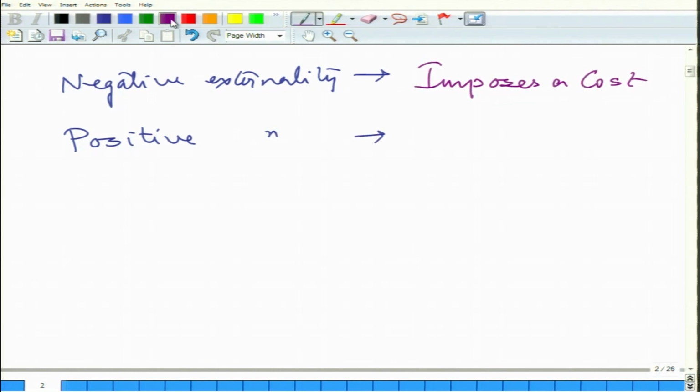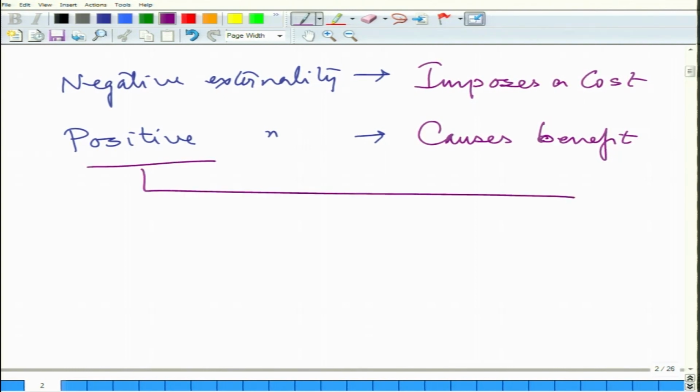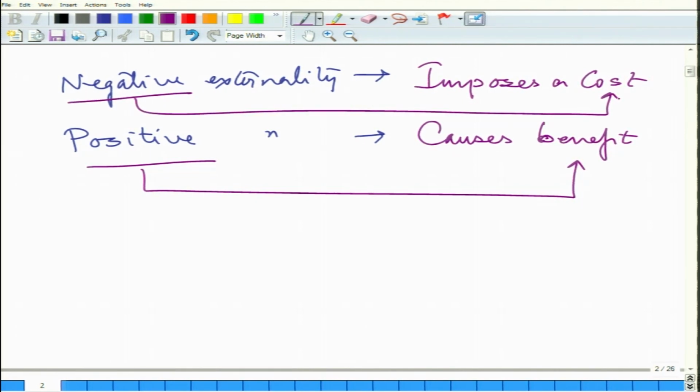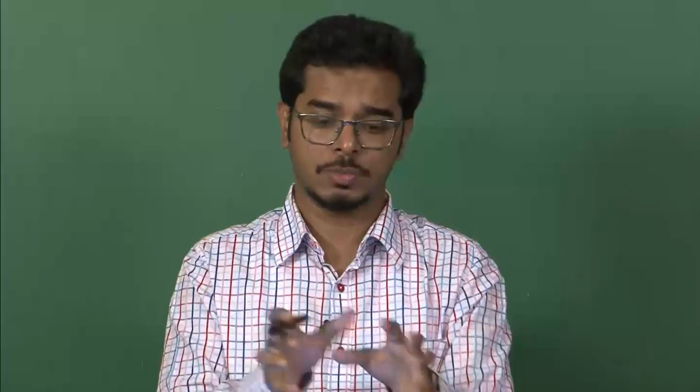As the name suggests, it causes benefit or results in benefits, right? So this is the basic difference. Positive causes benefit, negative causes cost. This positive and negative can arise out of production as well as consumption. So now I am attaching production and consumption to this.